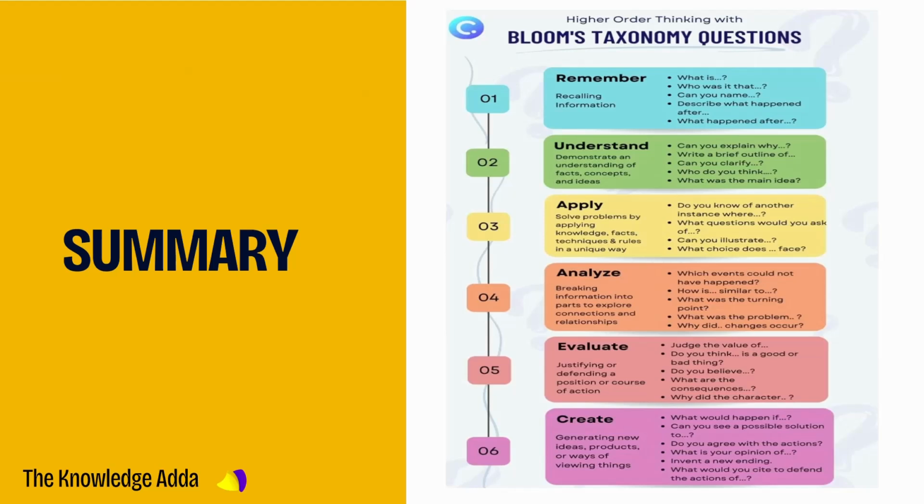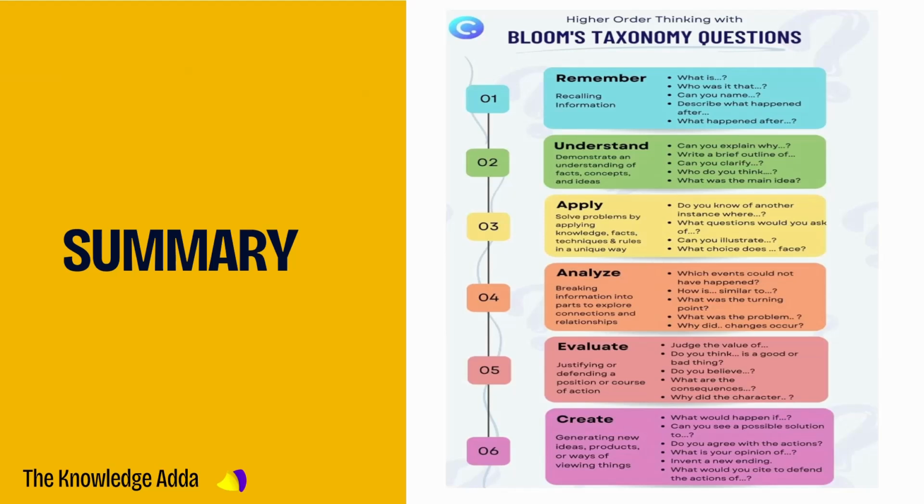So we have discussed all the six RBT levels. Just let me give you a quick recap. Remember means just recalling information: what is, who was his dad. Understand means demonstrating an understanding of the facts, concepts, and ideas. Apply means solving problems by applying knowledge, facts, techniques, and rules in a unique way.